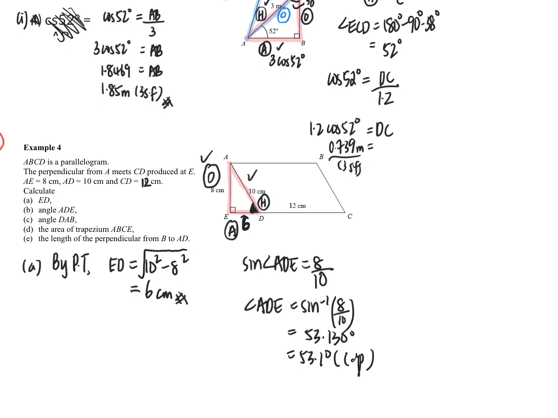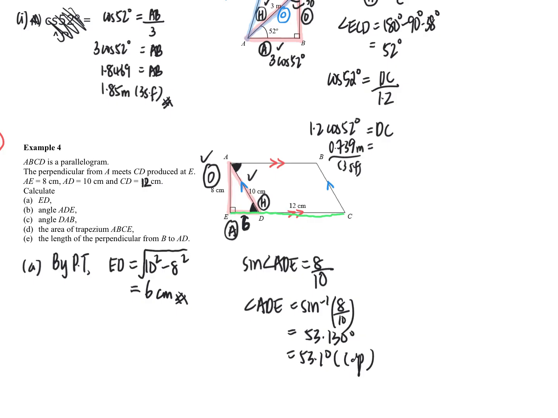Okay, next they want the angle DAB. This one. So you ask yourself, I have a parallelogram. Parallelogram has parallel sides. So this pair of sides are also parallel. So just now they tell you that actually this line is an extension. So if it's an extension, it's that same line.